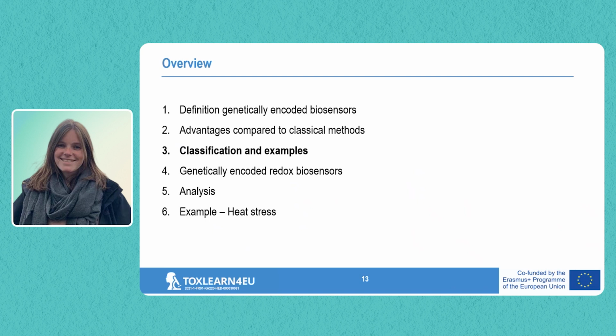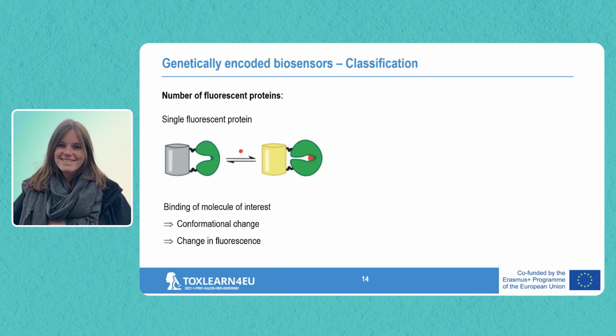So how can we now classify these sensors, or which types of sensors do you have? So I already told you that they work with this sensory module, which you have here on this side, and then coupled to a fluorescent protein. And then there's two options. So either you have sensors with one fluorescent protein, like the one that you see here. And how it then works is that you have a certain molecule that you're interested in.